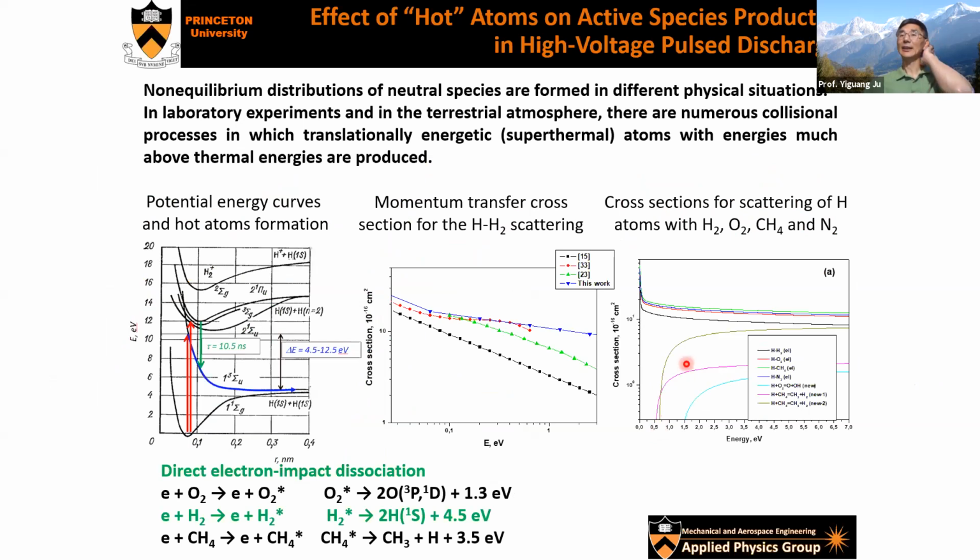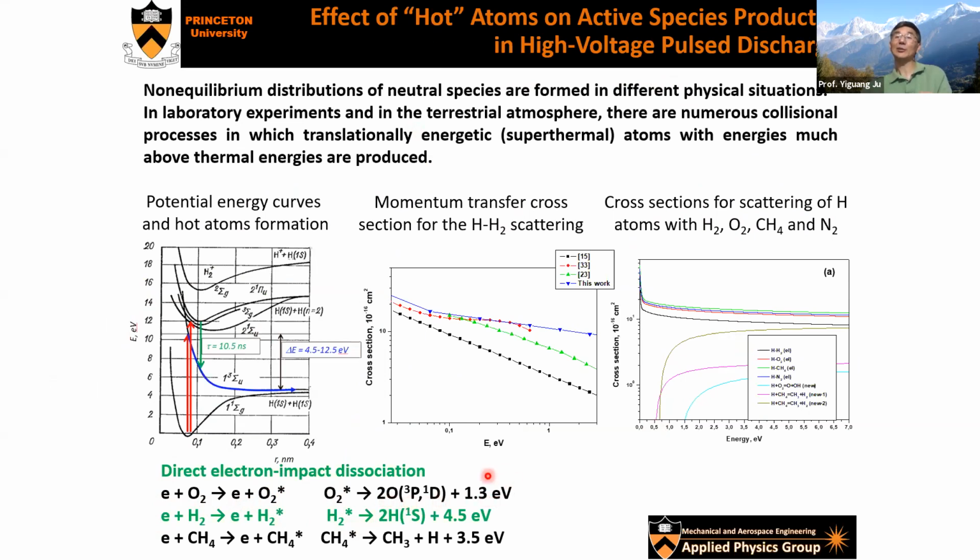Another thing, this is from Andrei Starikovskiy at Princeton. He gave me slides about hot atoms. For example, if you have electron impact with oxygen, you form an electronically excited state of oxygen or electronically excited hydrogen. When these electronically excited states of oxygen and hydrogen dissociate, they form atomic oxygen in the triplet P state and the 1D state.